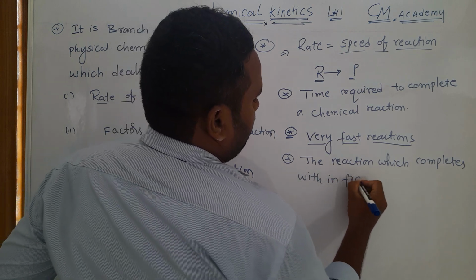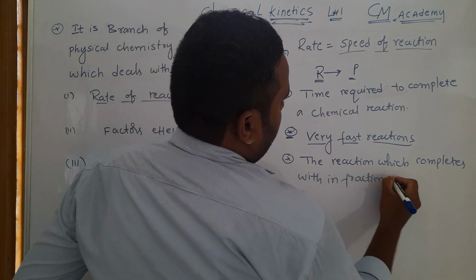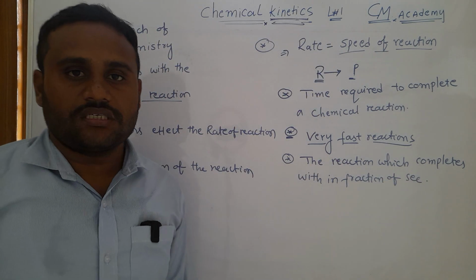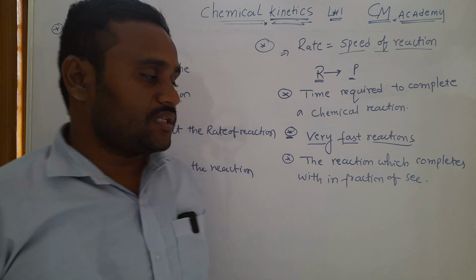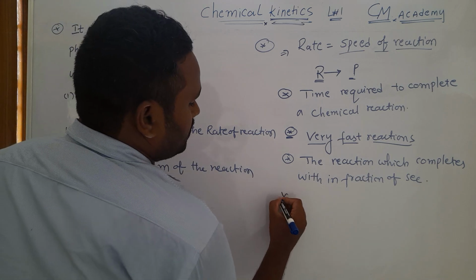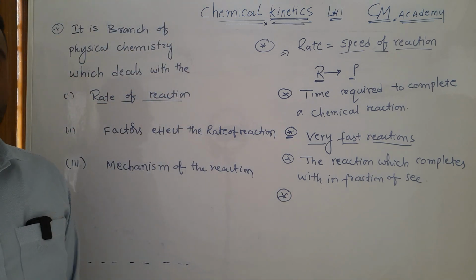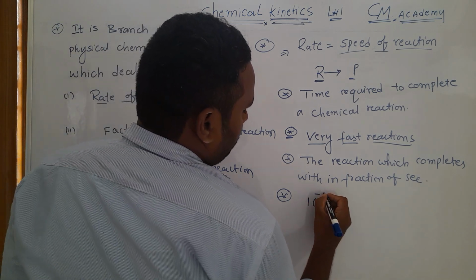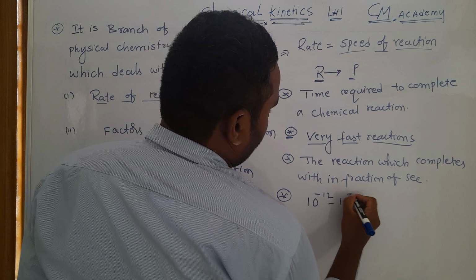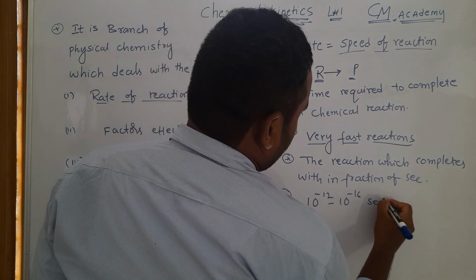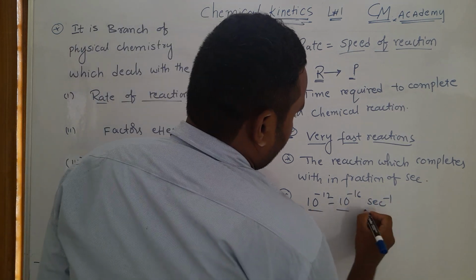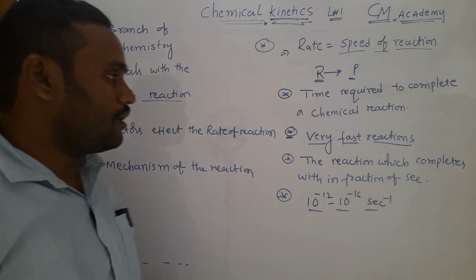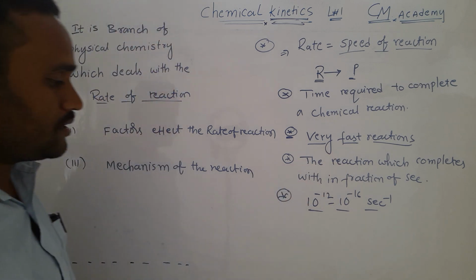Such types of reactions are called very fast reactions. Here, how much time is required to complete a chemical reaction? That is 10 to the power of minus 12 to 10 to the power of minus 16 second inverse. Within this time only they are going to be completed. Such types of reactions are called very fast reactions.